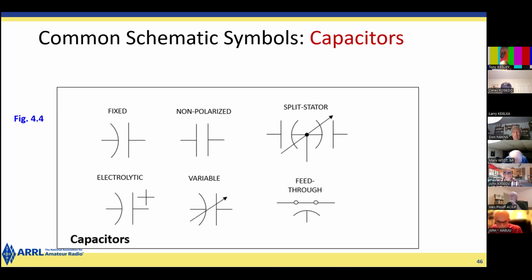As the plates move past each other, there is a larger or smaller area where the plates are in front of each other, and so you can vary the capacitance, because the capacitance is proportional to the area of the two plates that are next to each other.